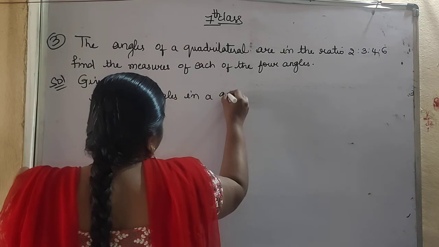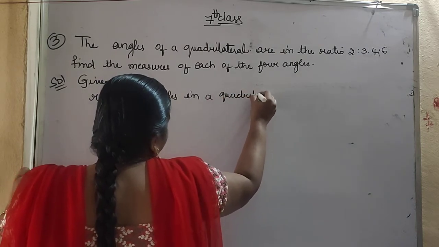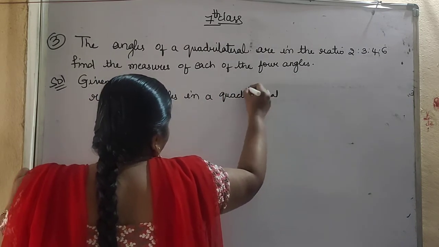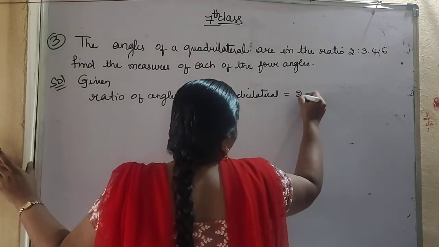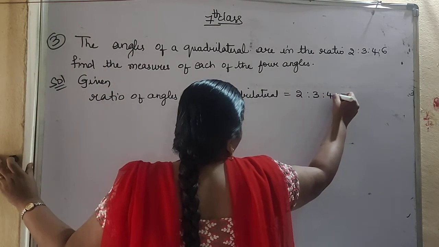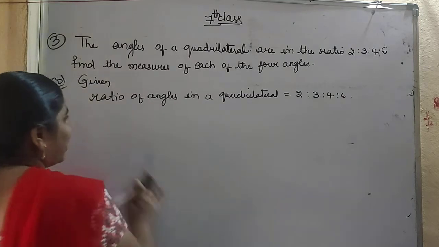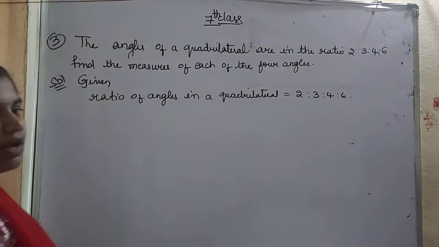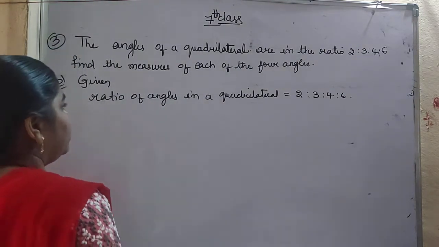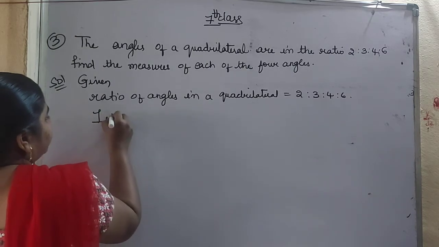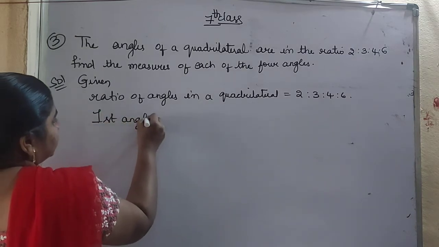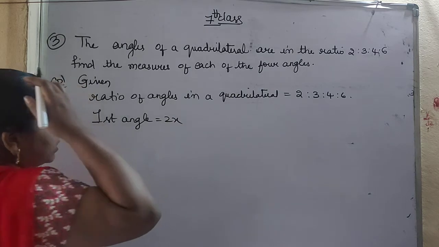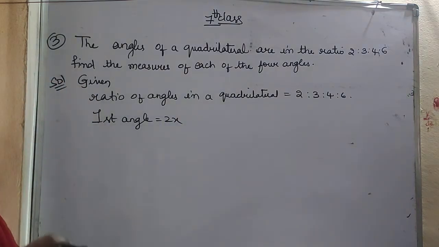In a quadrilateral the angles are in the ratio 2:3:4:6. So they have given four angles, four ratios. So the first angle I am taking as 2x, because a ratio is nothing but the values will be multiples of the given numbers.